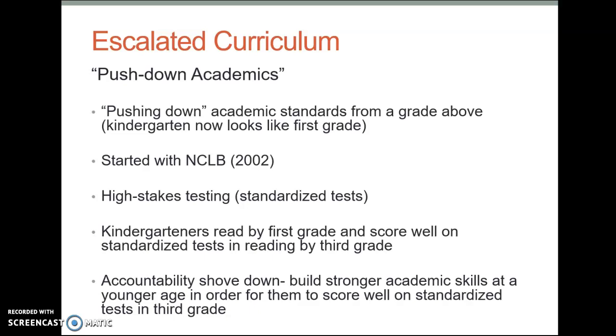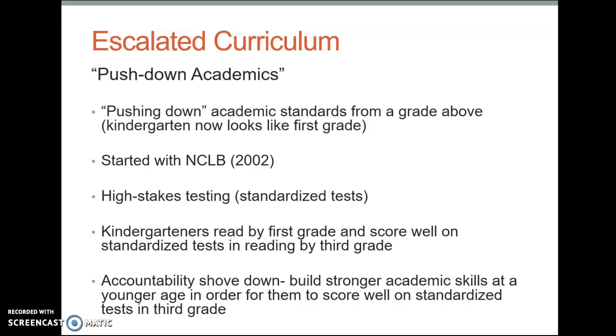A lot of it started with the No Child Left Behind Act, which started in 2002. That No Child Left Behind Act was really aimed at increasing academics, increasing standardized test scores, making teachers more accountable for children's learning. There was a whole host of things that came along with it.